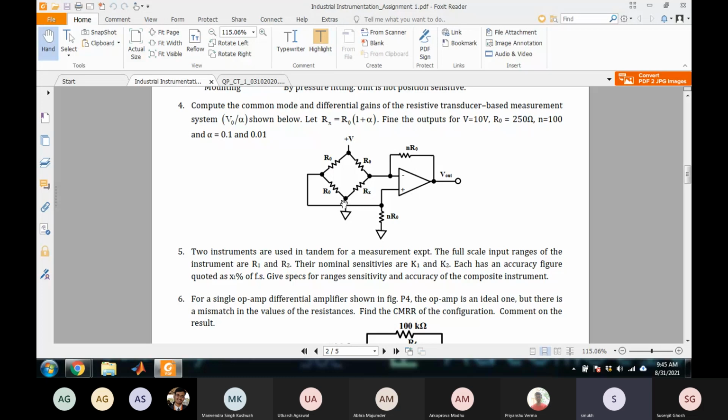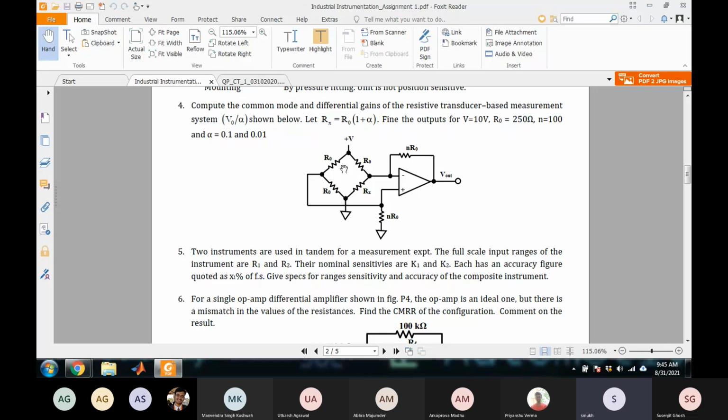Because the question says find the output for V equal to 10 volt, R0 equal to 250 ohm, N equal to 100, and alpha. First, let us find out the gain. Output voltage we'll see later. But for R0 alpha, you don't have to consider.